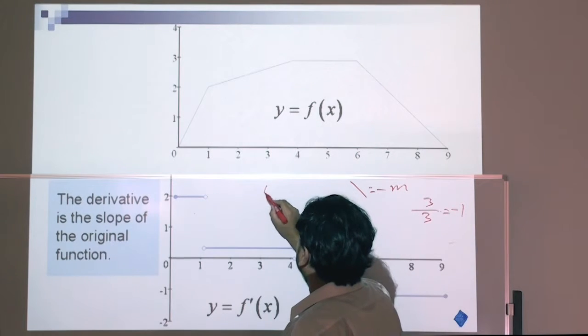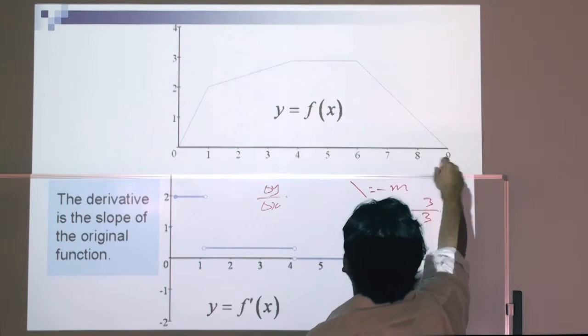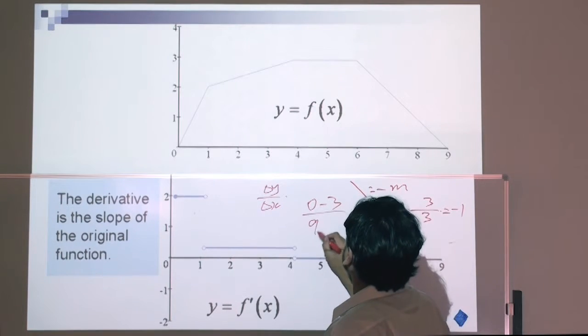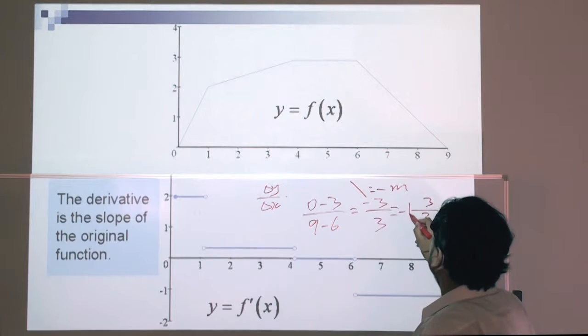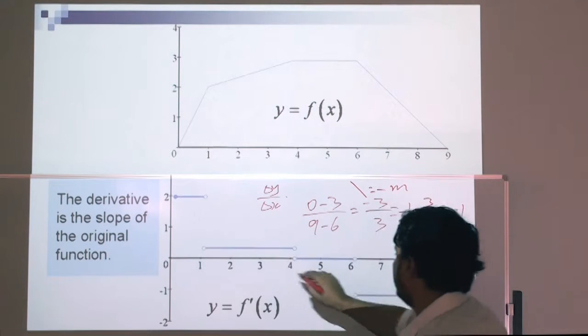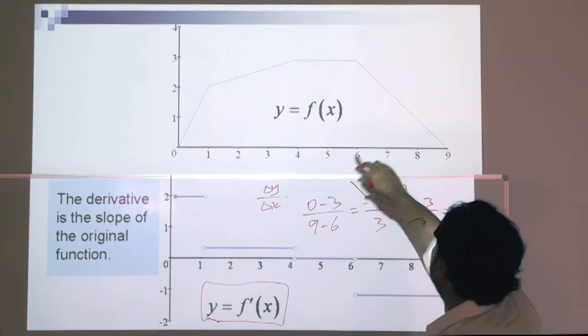To prove this using the formula, 0 minus 3 over 9 minus 6, which equals negative 3 over 3, which equals negative 1. And that's the negative 1 here. So all these are the derivatives of that function.